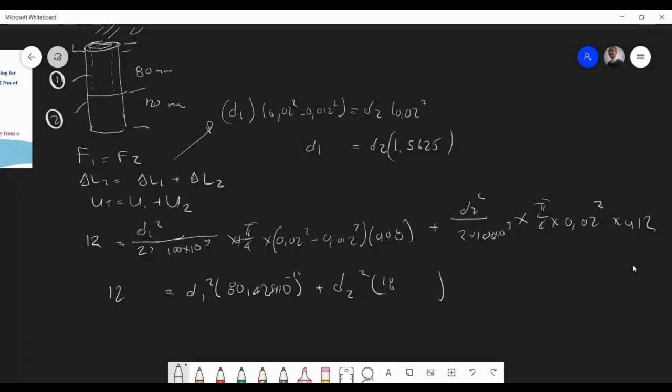This is 1888.4. I could just call it 5 times 10 to the power negative 18. Let me make sure that the other one is right again. So pi over 4 times the area there.